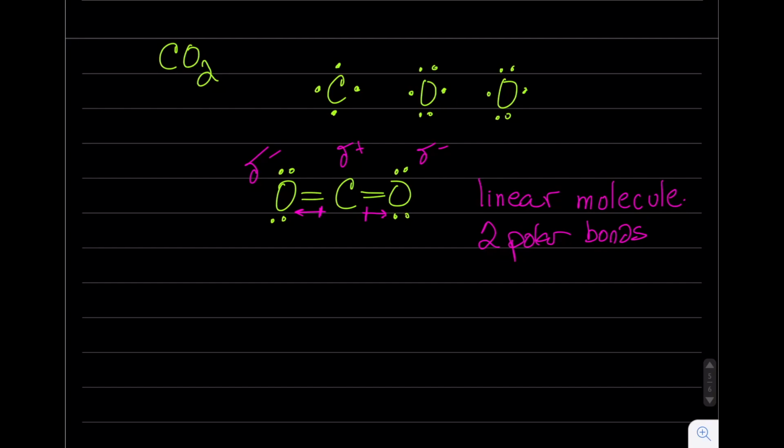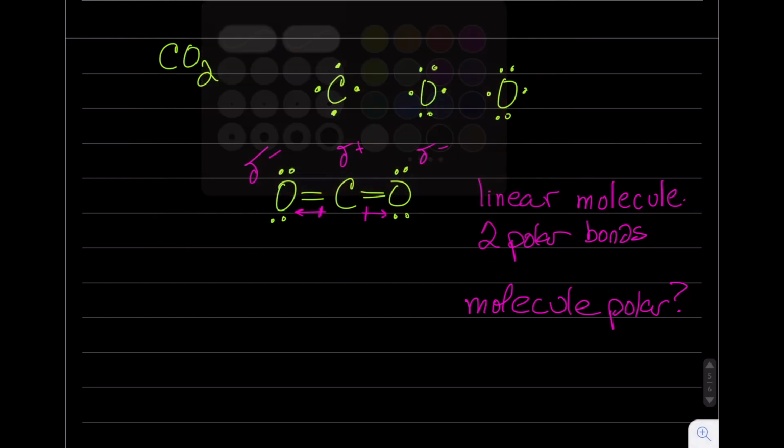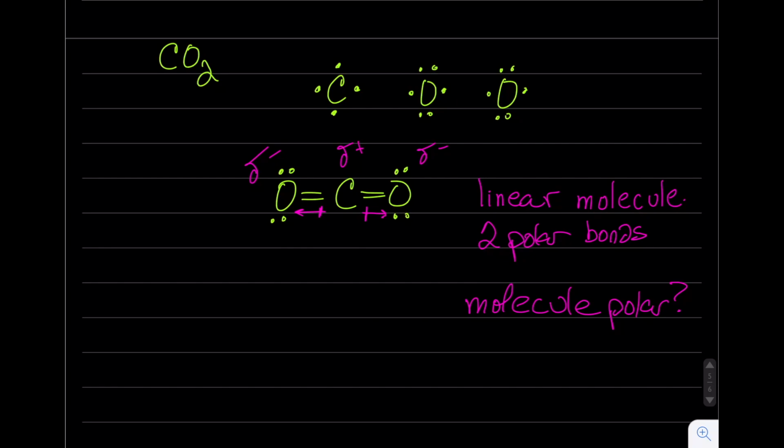The question is, is the molecule polar or not? And this is where it takes a bit of thinking. I had to pick a different color here. How about orange? Okay, what you'll notice is that the dipole moments are equal and opposite, right?